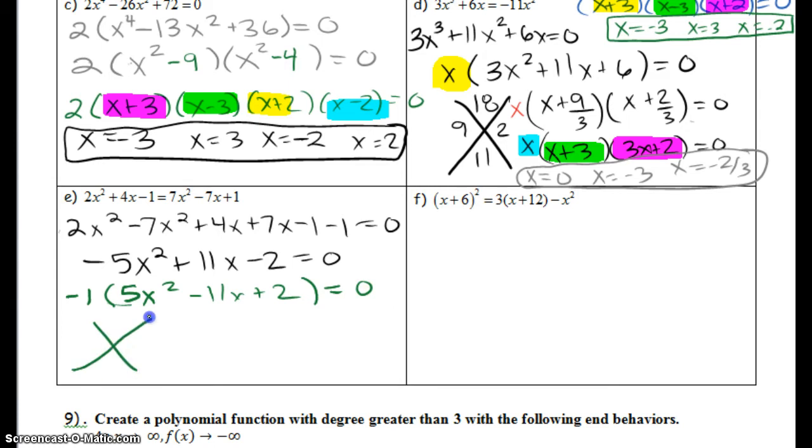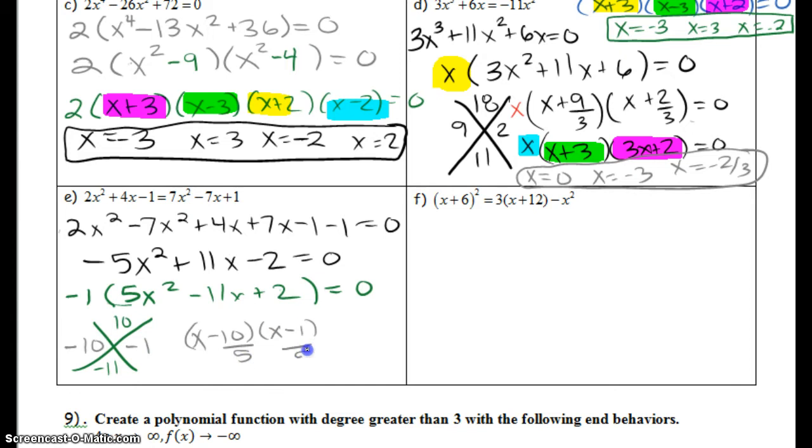Okay, bottoms up method. 5 times 2 gives me 10. Negative 11 down here is my b. What numbers are going to multiply to 10 but add to negative 11? Negative 10 and negative 1. So we have x minus 10 and x minus 1.